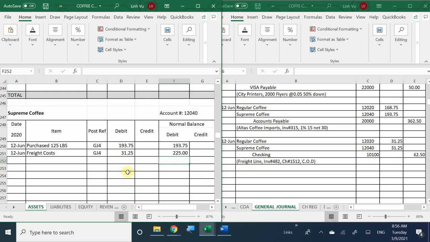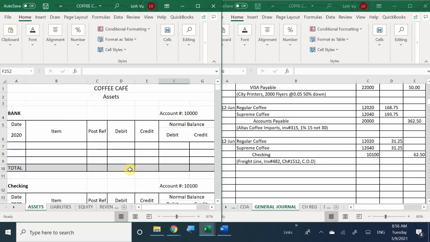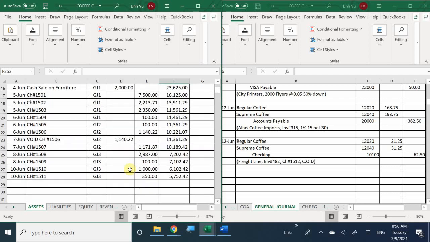Okay. And last but not least, we got to scroll all the way up to our checking account because we wrote a check. So here we are, and the date is June 12th.